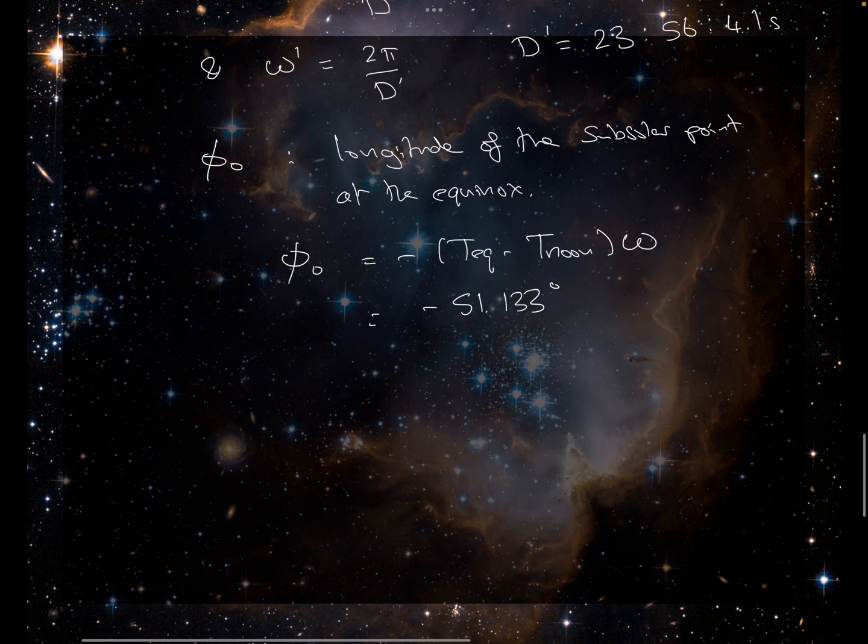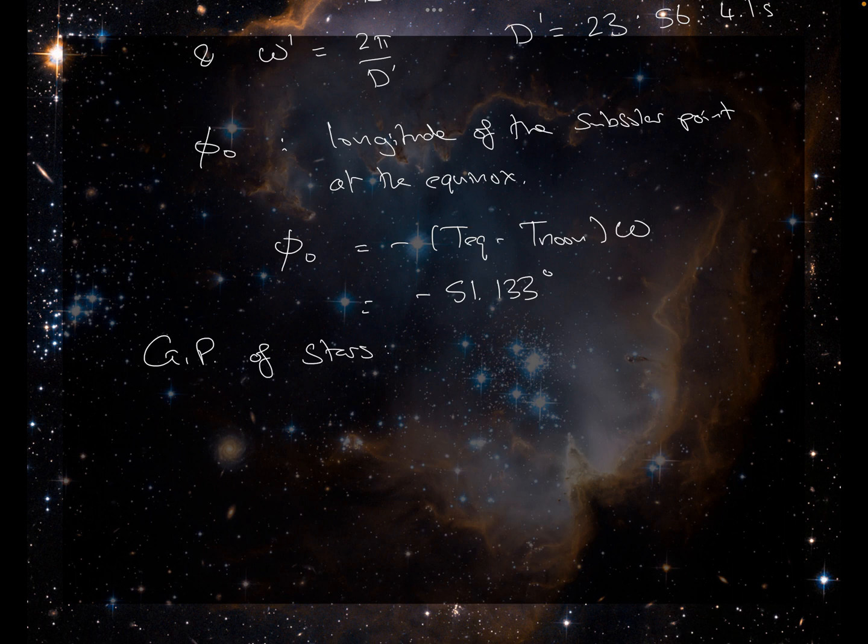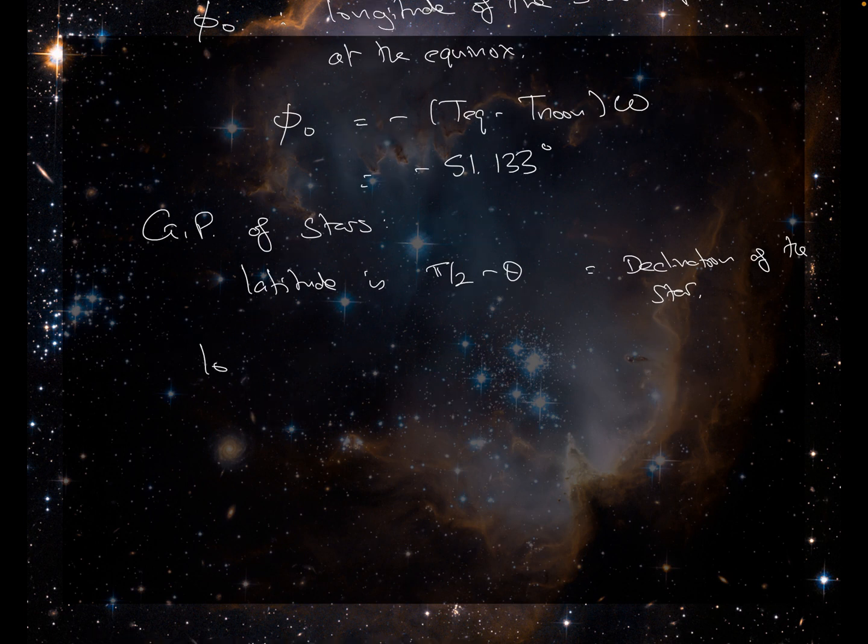Now we wish to work out the ground position of the stars. The latitude is pi over 2 minus theta, where theta is the standard spherical polar angle. This is also equal to the declination of the star. To work out the longitude phi, we take phi naught and add the right ascension value to it, that would give us the longitude at the moment of the equinox. But since we're not at the equinox, we also have to subtract (t minus T_EQ) times omega primed, which accounts for the amount of rotation the Earth has experienced between the time of observation and the equinox.